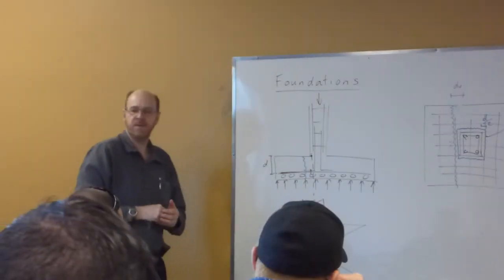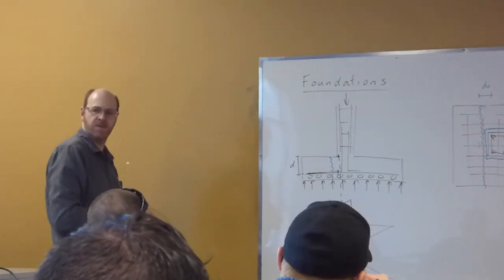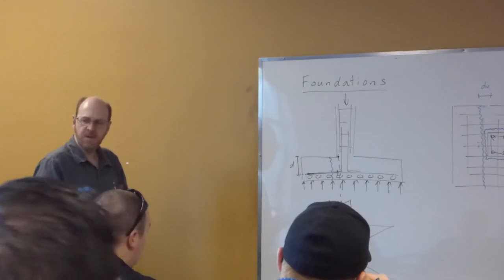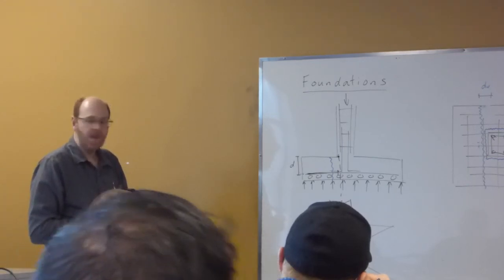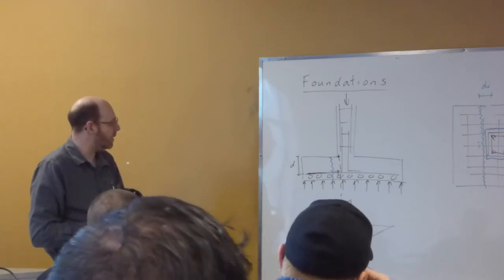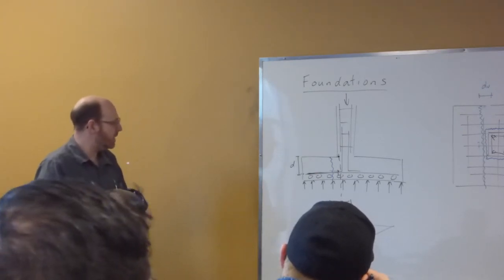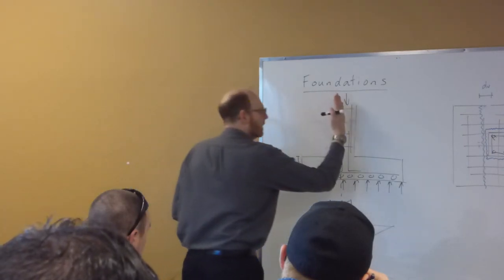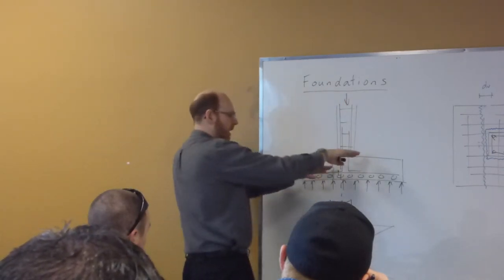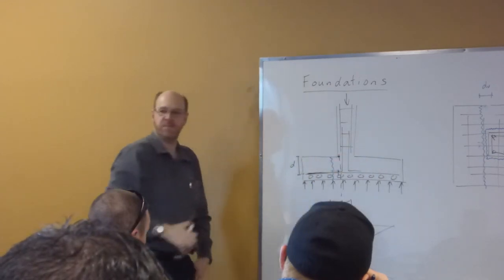If that column is subject to moment, where is that moment applied, and would you also factor that into this equation? Yeah, if there is moment in there, the column is going to go through some bending, and there could be some additional bending that takes place as well.